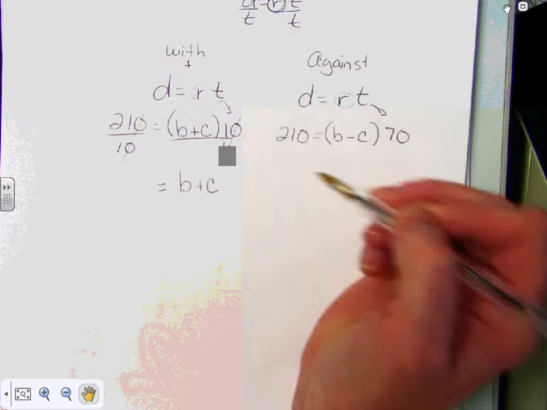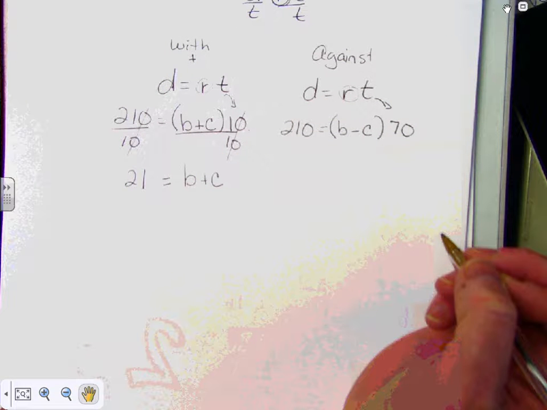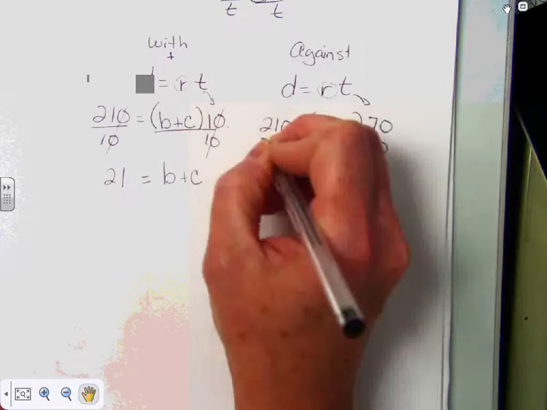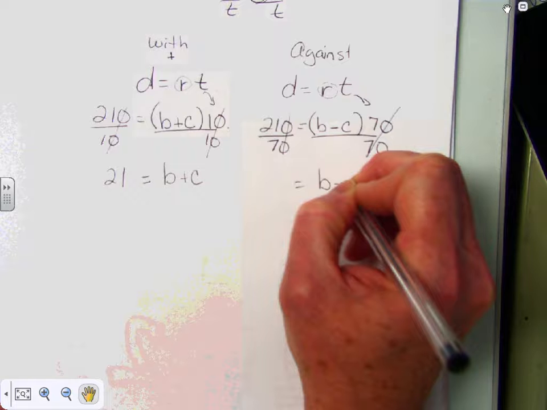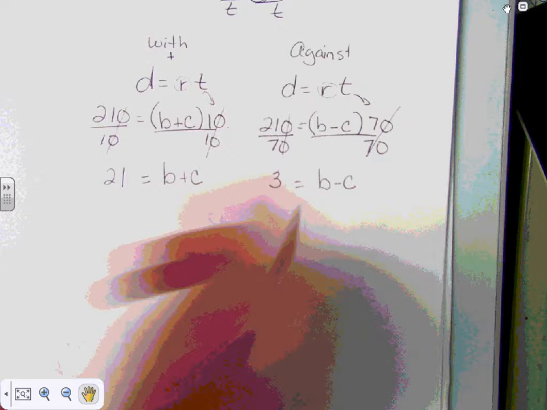A 21. Let's do the same thing over here. What will I divide both sides by here? 70. The 70s actually cancel out, and I have a B minus C. 21 divided by 7 is a 3.